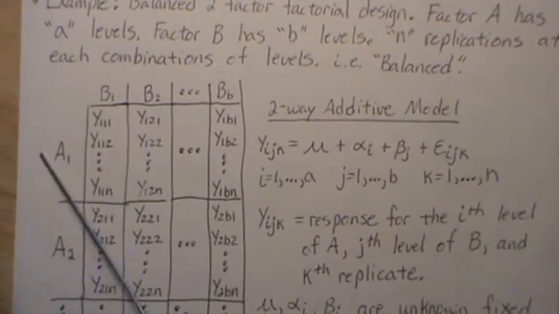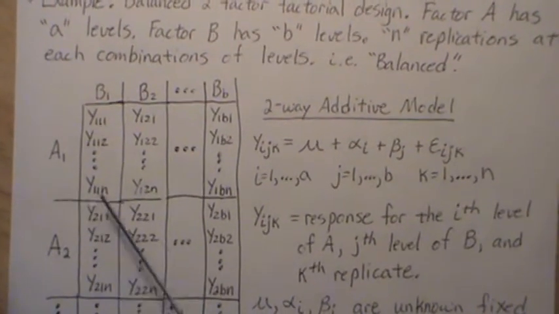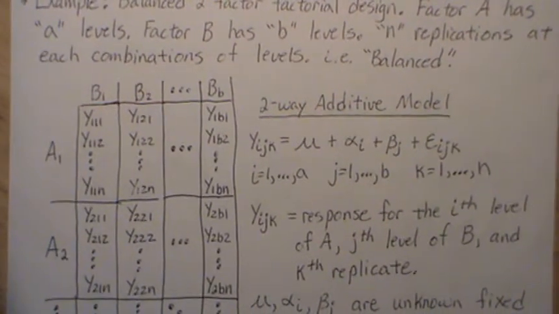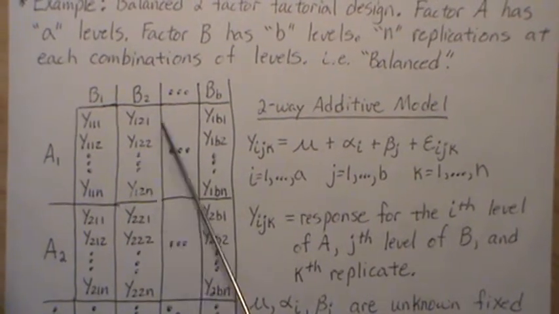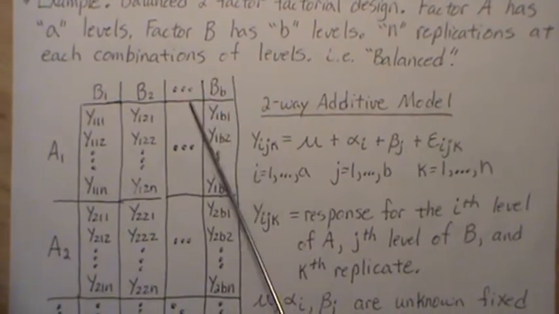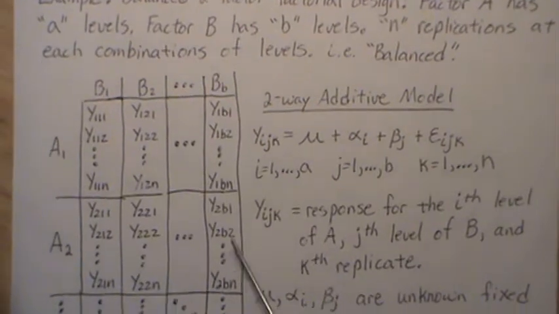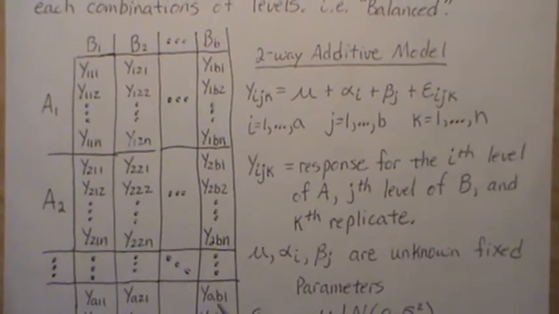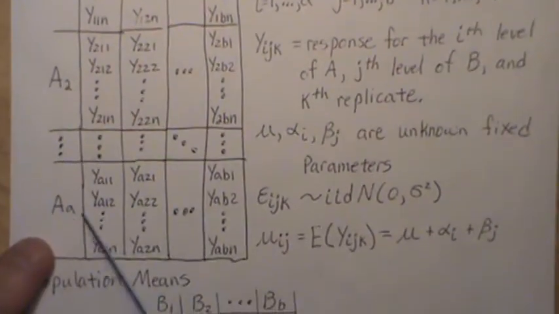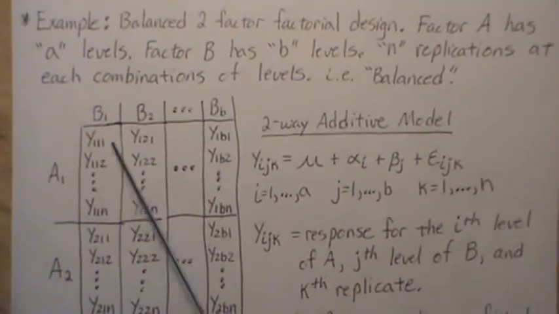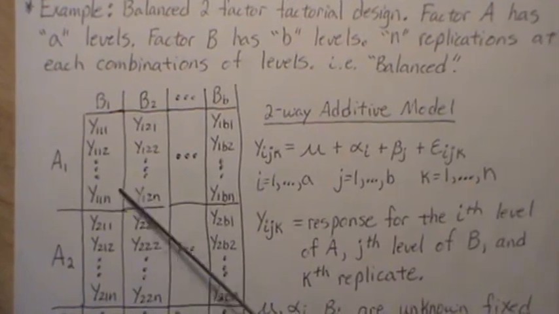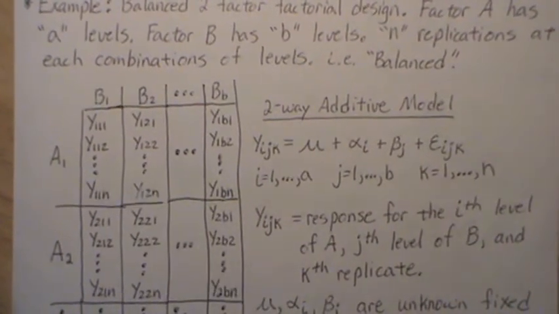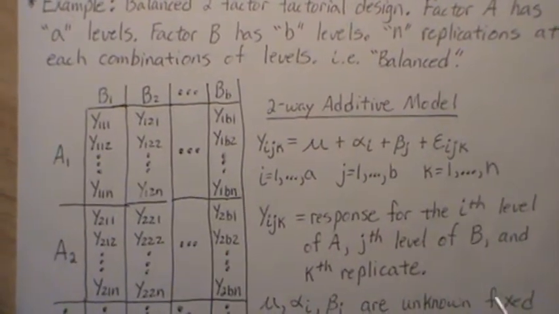Notice that this is level 1 of fertilizer, for example, and it's combined with each level of weed control. The next level is combined with each level of B. So every level of A is combined with every level of B, and then you can have n replicates within each combination.